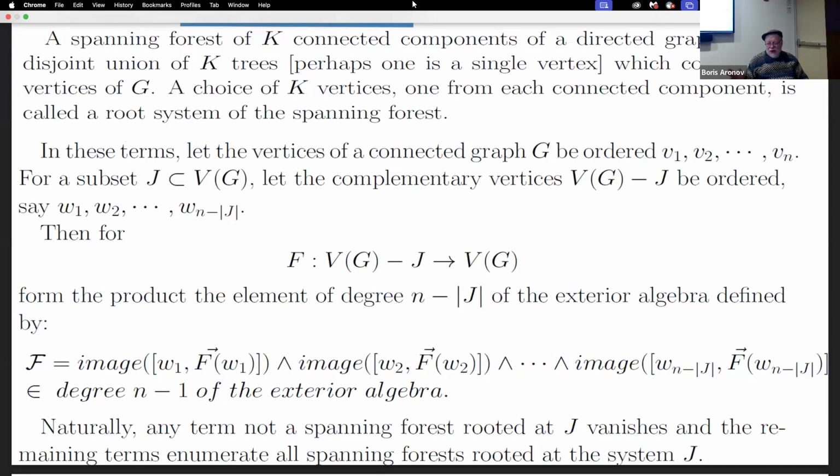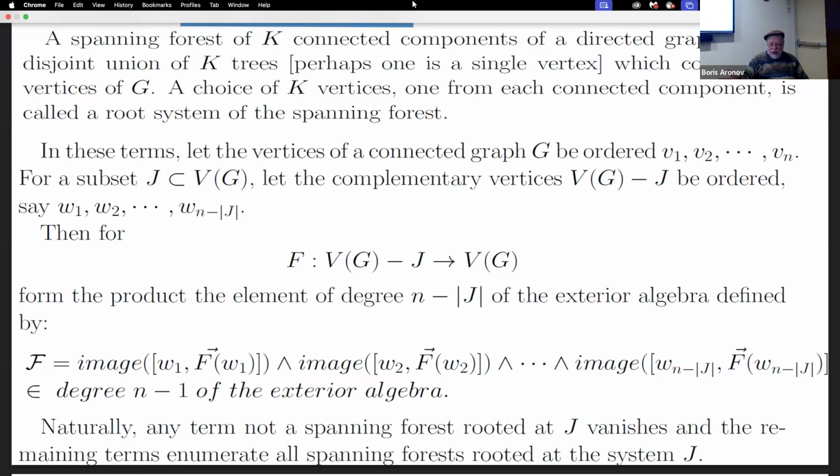Now, there are various generalizations of what I just said. Over here, I talked about spanning trees with a given root. You can generalize this in a bunch of different ways. You could also talk about what are called spanning forests, where you connect not just to one vertex, but to a bunch of vertices, and then you could have a theorem covering spanning forests rather than spanning trees. I won't bother with the details, but the analogous theorem works for spanning forests as well.